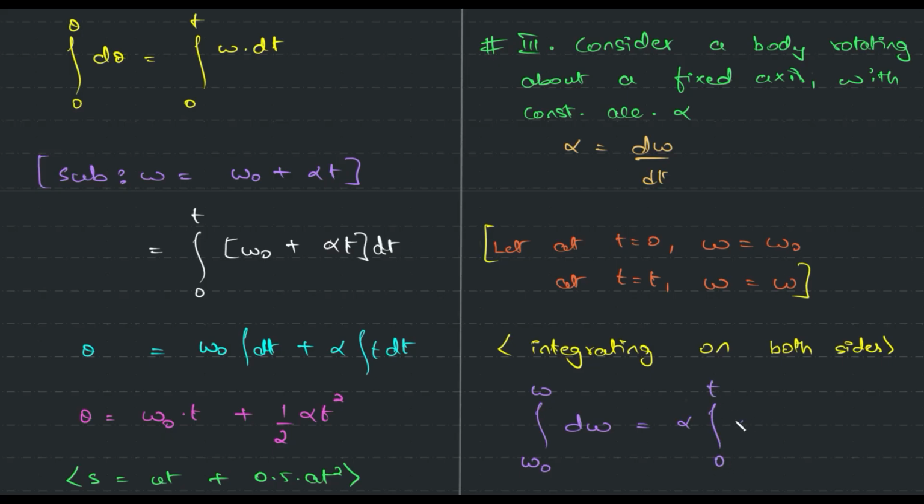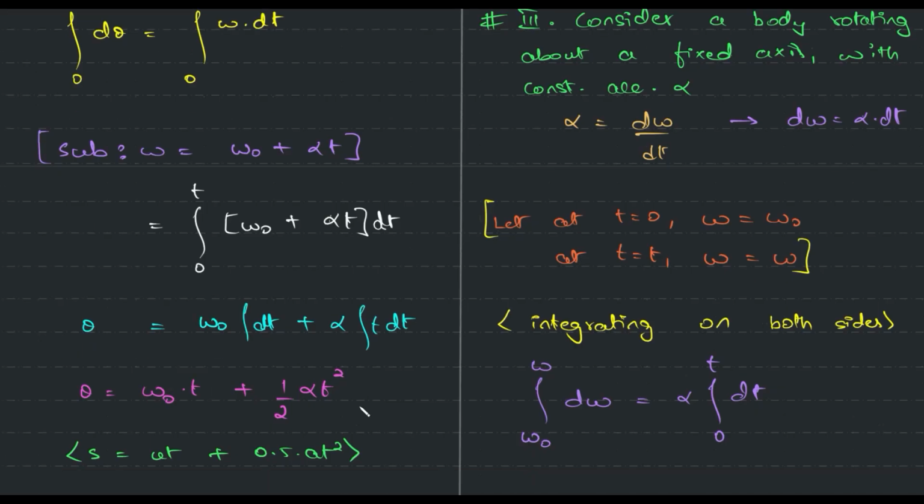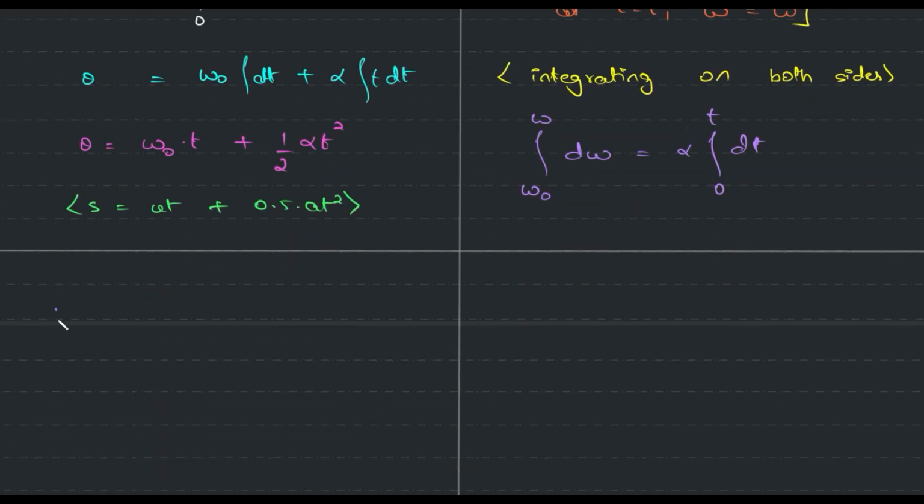Again, I'm rearranging and not showing the step, so I'm rewriting this as d omega is equal to alpha dt. When I integrate, I'll end up with omega minus omega naught here, and here I'll end up with alpha t. Again, post substitution and everything, that step is left to you guys to show. So omega equals omega naught plus alpha t. How does it look like? Yes, v is equal to u plus at.